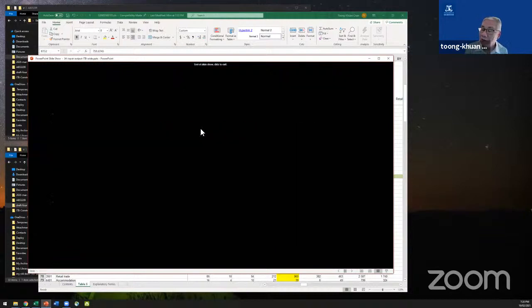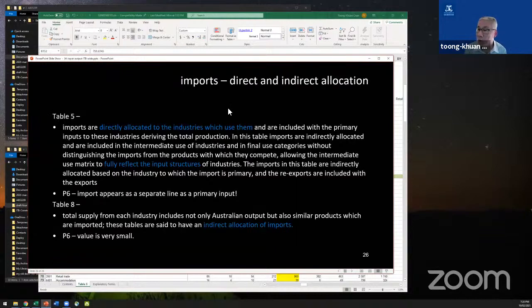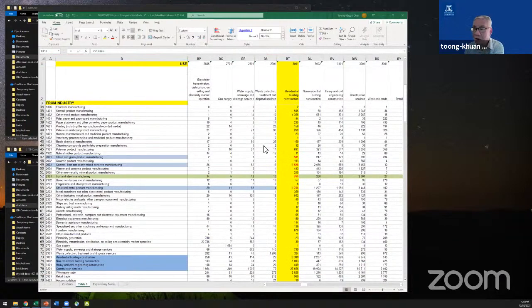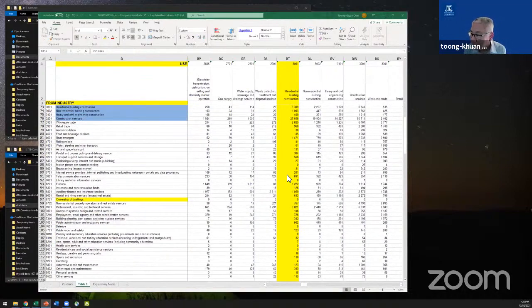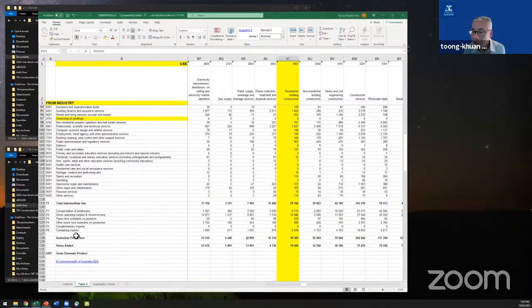So it is not put to the industry that supplies them. It is allocated to the industry that uses them. So in table 5, all the imports are put into one line over here.